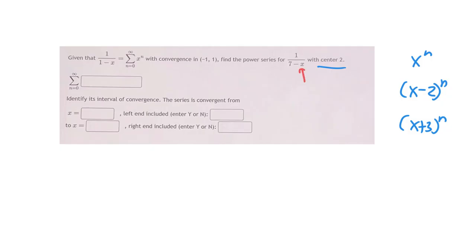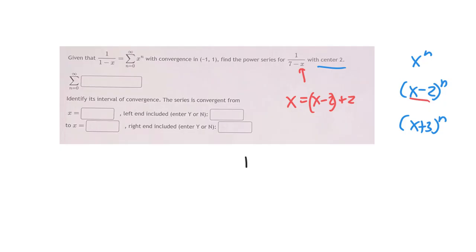We want to kind of force a situation where x minus 2, which is the thing that we need because it's centered at 2, is represented. So x is equal to x minus 2 plus 2, right? Isn't that the case? So hopefully we're acknowledging that any time you see an x, you could just replace it with this thing. So what if we did that?